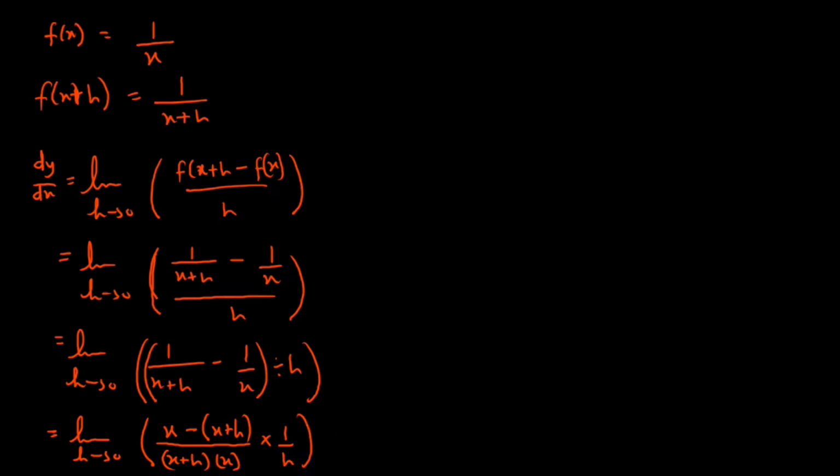So going further, then we have dy dx is equal to limits as h approaches 0 for, now we have x minus x, that will give me 0, leaving negative h, multiplying 1, that will give us negative h.